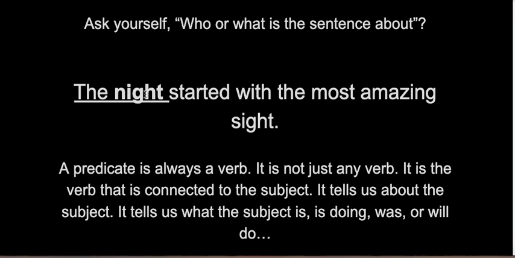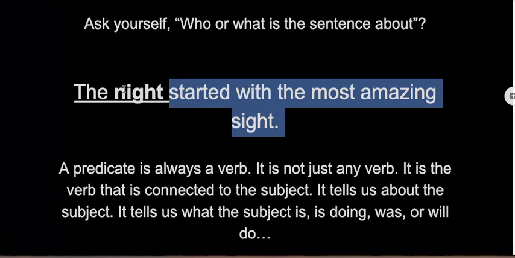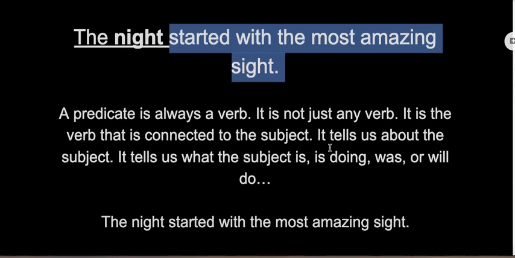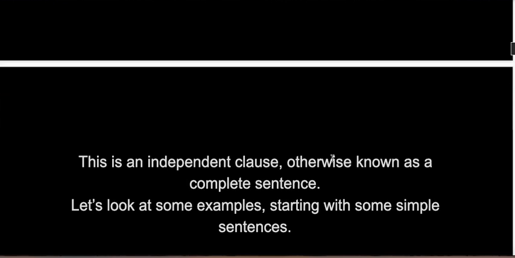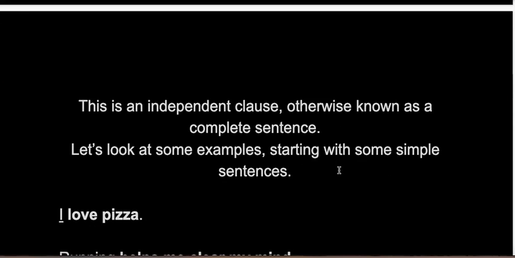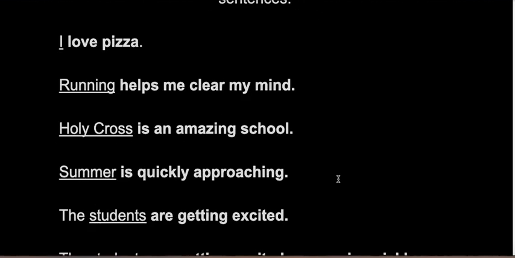Or what is it? In this case, the subject is the night. And what about the night? Well, it started with the most amazing sight. We have subject and we have predicate. It's a complete thought.